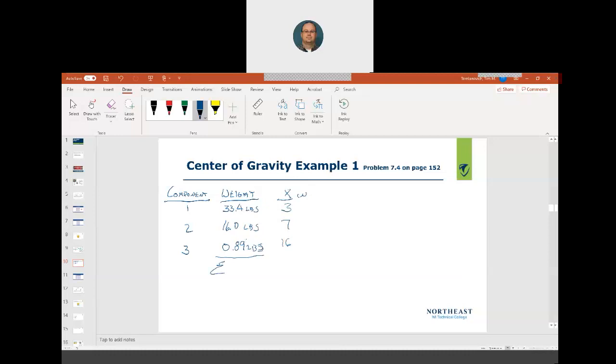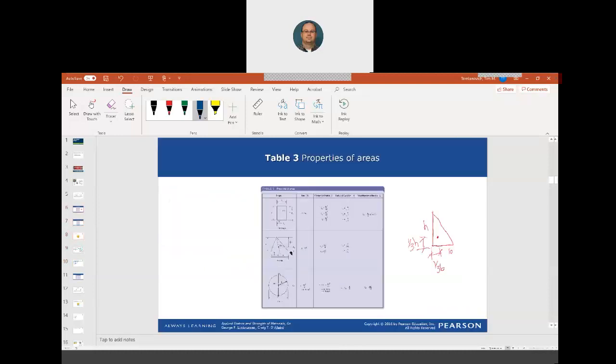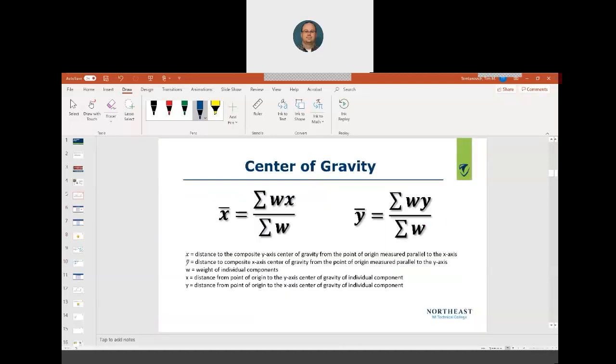Now we're going to take our weight times x, because if I look at my formula, it says weight times my x distance.